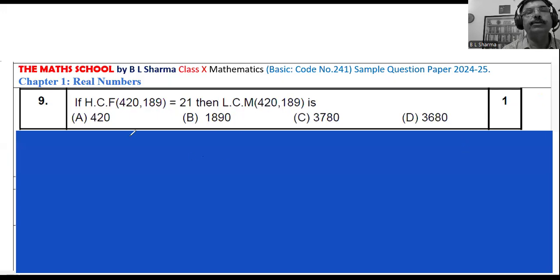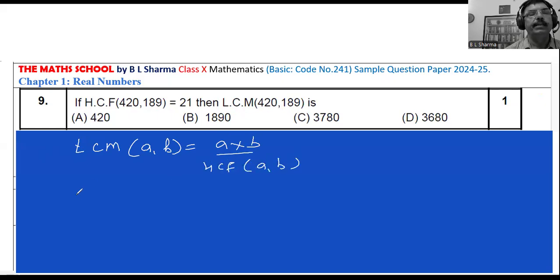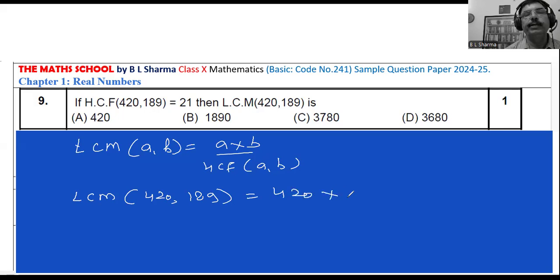We know that the LCM of two numbers A and B is A into B divided by HCF of A and B. Therefore, LCM of 420 and 189, 420 divided by their HCF, that is 21.